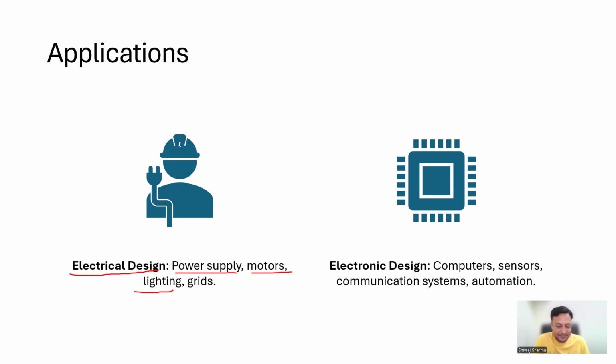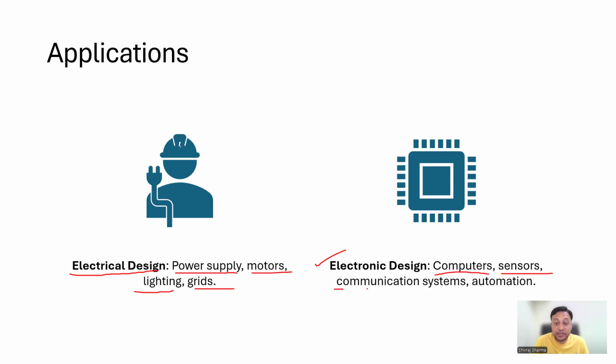Lighting, definitely. And the grids that are created to supply all this electricity. And in electronics, right now, most probably you all are using laptops. So definitely the computers are designed by these electronic design principles. The sensors that you are using in your cars, bikes, two-wheelers, and everything over there. The sensors are working with it.